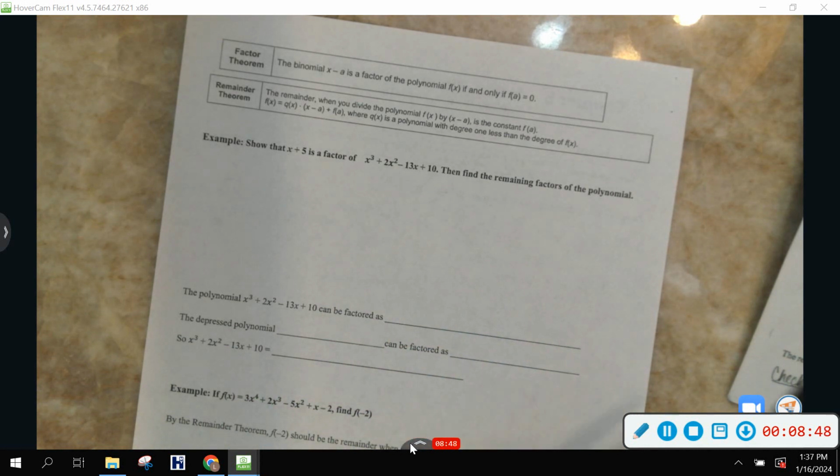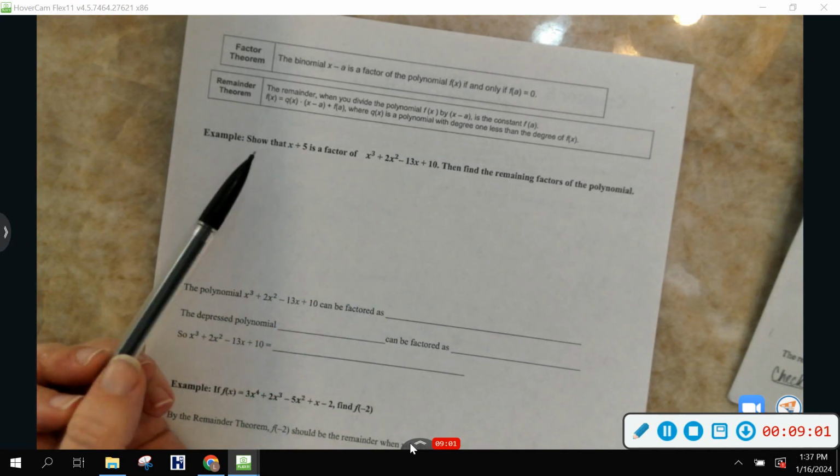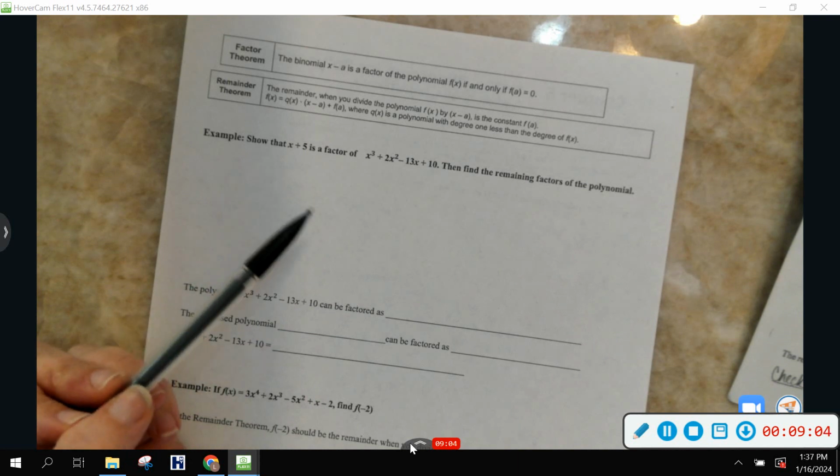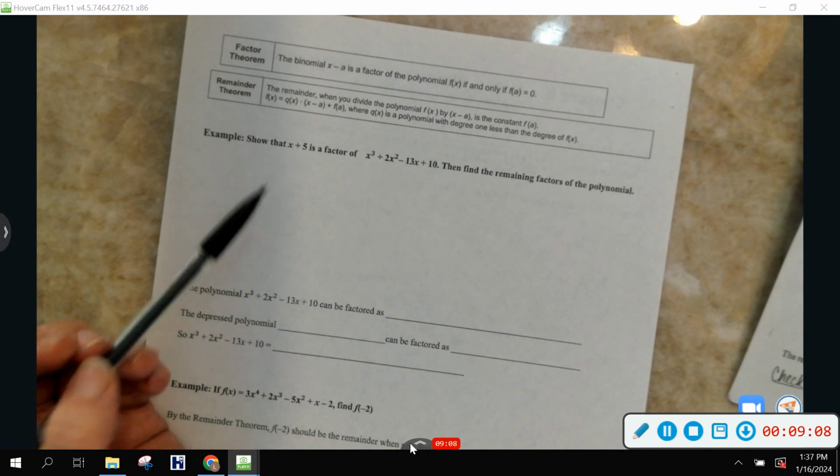But if I take 8 and divide it by 5, I have something left over, that remainder. So 5 is not a factor of 8. Same idea works for binomials. If it divides perfectly evenly into the polynomial and I get a remainder of 0, then yes, that's a factor. If I have something left over, then that divisor is not a factor of the polynomial.